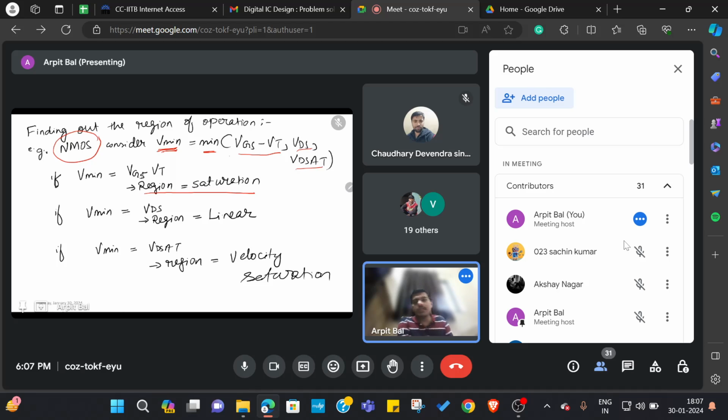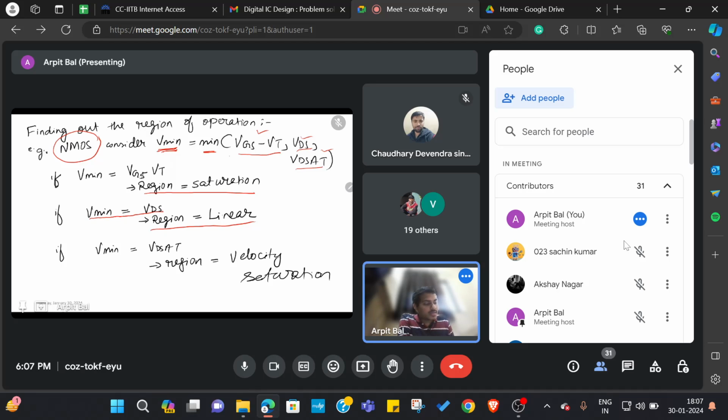These things have already been covered in the lectures. I'm just brushing it up so that we can get ready for today's problem solving session. Similarly, if the minimum out of these three terms is VDS, then the transistor is going to be in linear region.